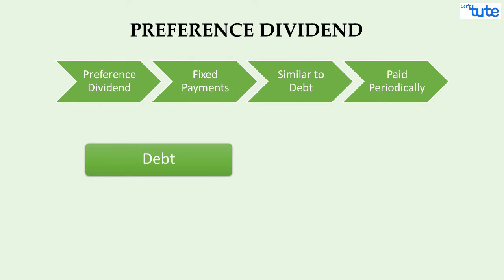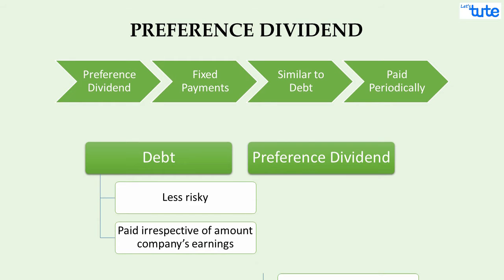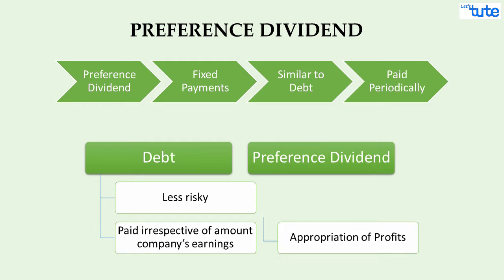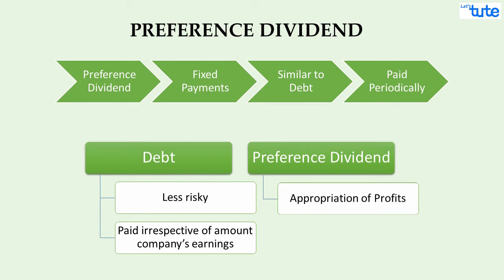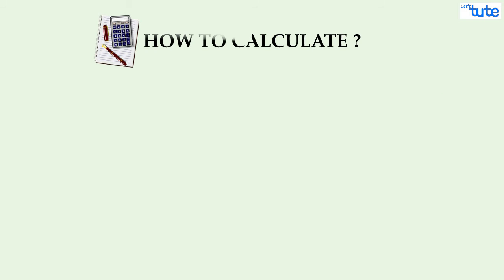What differs is that debt related payments are less risky to the investors, as they are paid irrespective of how much is the company's earnings, whereas preference dividend, though fixed, is an appropriation of profits and can be paid when the company has enough profits.